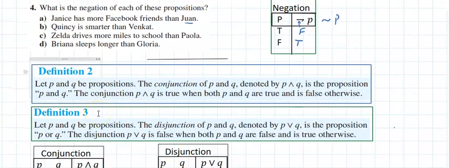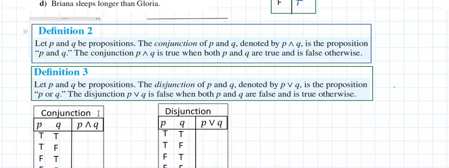Definition 2. Let P and Q be propositions. The conjunction of P and Q, denoted by P conjunction Q, so this is like P and Q, is a proposition that is true when both P and Q are true and false otherwise.